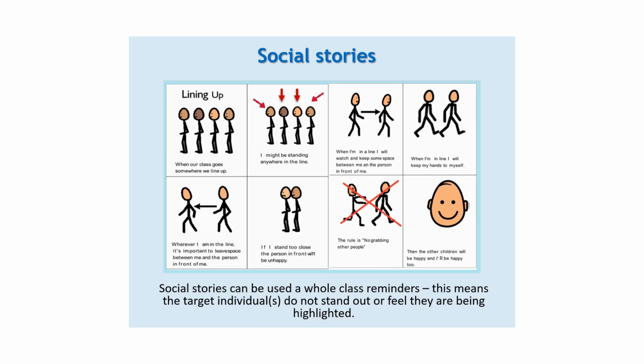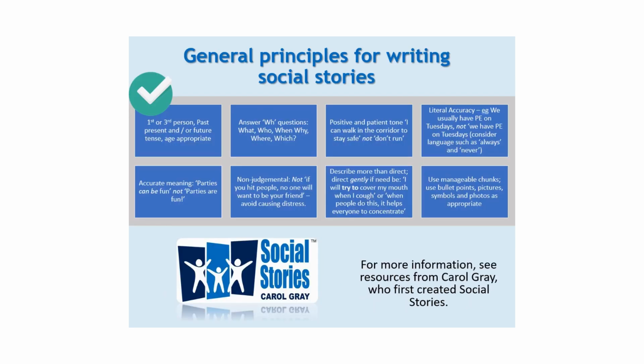This means that target individuals do not stand out or feel they are being highlighted. General principles for writing social stories. For more information, see resources from Carol Gray, who first created social stories.